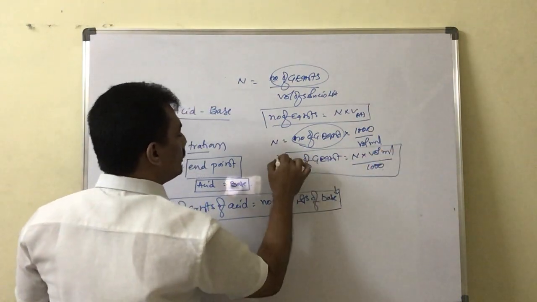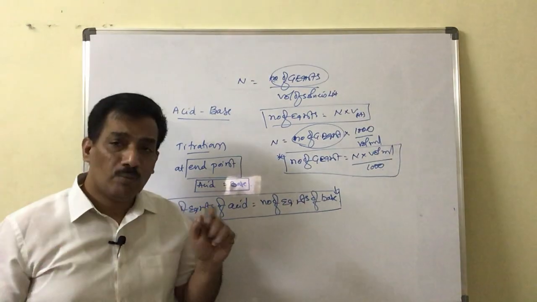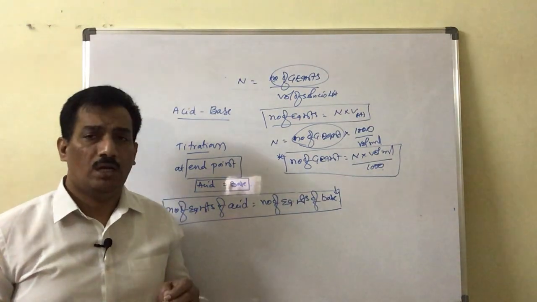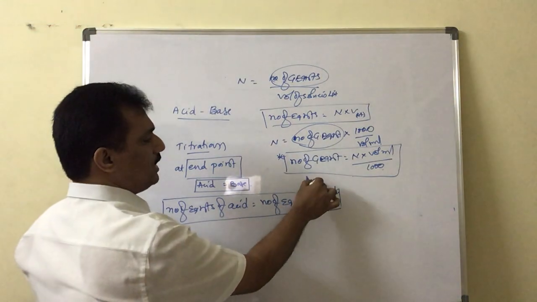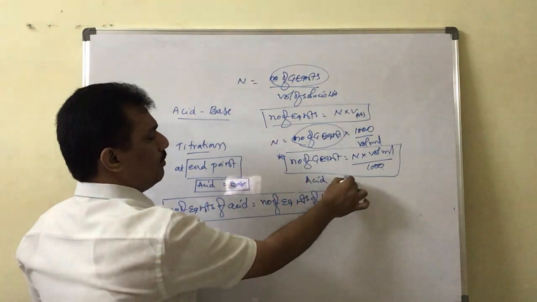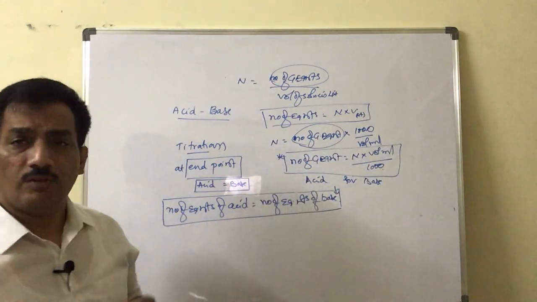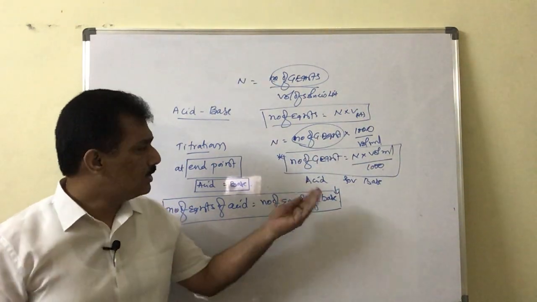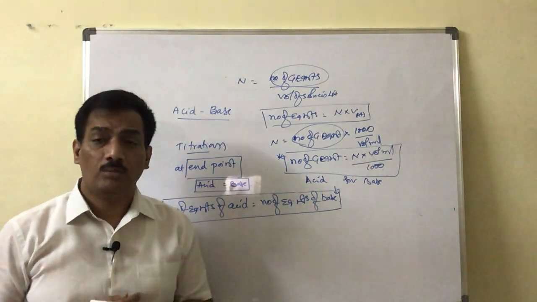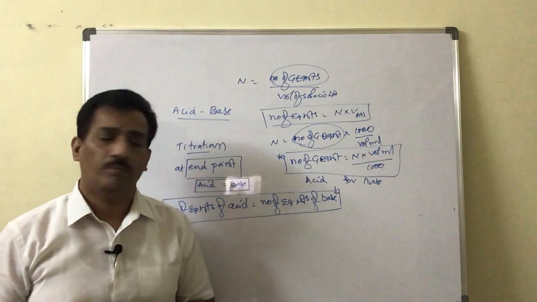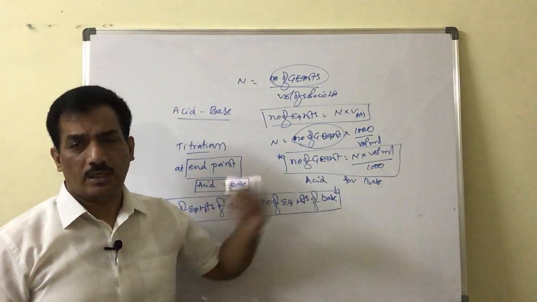Most frequently we use this one. This number of equivalent weights from normality and volume in ml can be measured for acid as well as for base. If normality and volume are given for an acid, you can measure the number of equivalent weights of that acid. If normality and volume of a base are given, then the number of equivalent weights of that base can be measured like this.